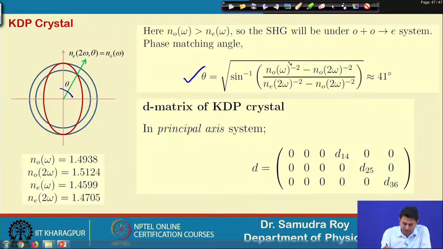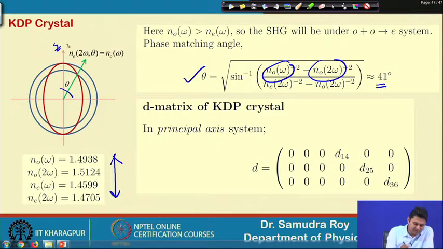If I now put these values in n_o(omega) at the operating wavelength, say 1064 nanometer, then we find that this angle is around 41 degrees. So, if I launch an electric field at around 41 degrees, where this is the z axis and this is the x axis, then we should have phase matching.